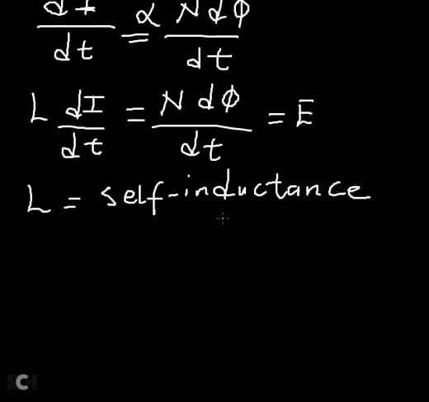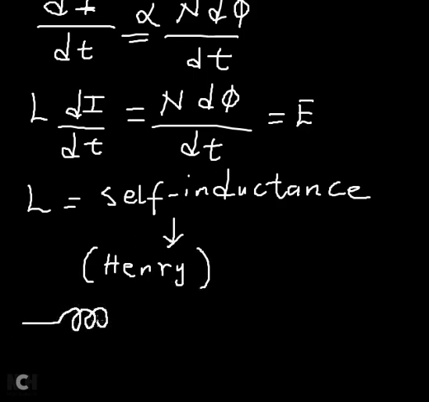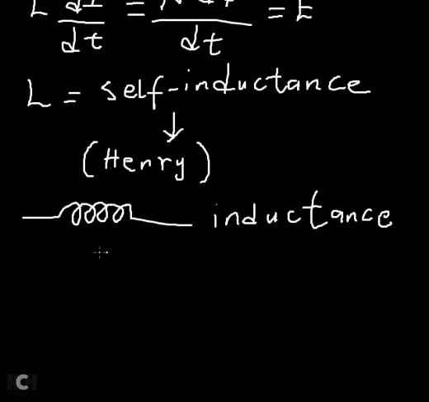Okay, so now the SI unit of inductance, either self-inductance or mutual inductance, is Henry. So anytime you see a coil, it is measured by its inductance, which has SI units of Henry.